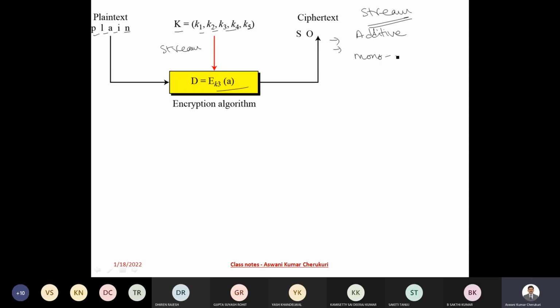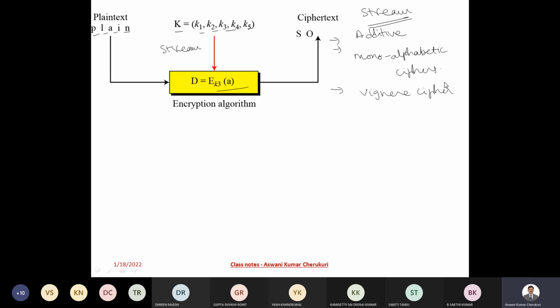So typically all monoalphabetic ciphers we have done are typical examples of stream ciphers. Similarly, the Vigenere cipher is also a stream cipher. So additive ciphers, monoalphabetic ciphers, Vigenere ciphers, all these are stream ciphers we have discussed.